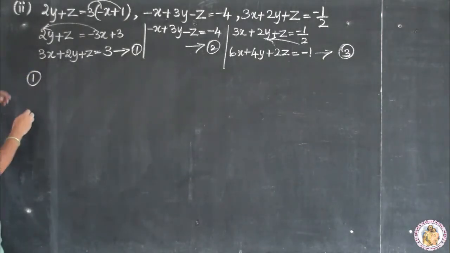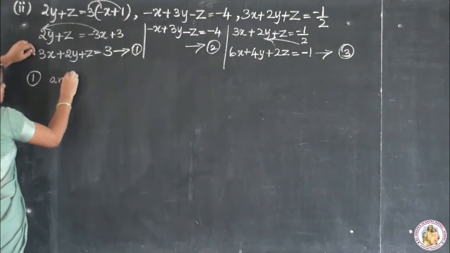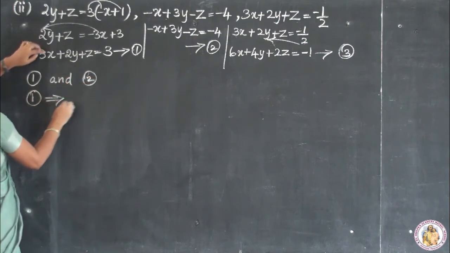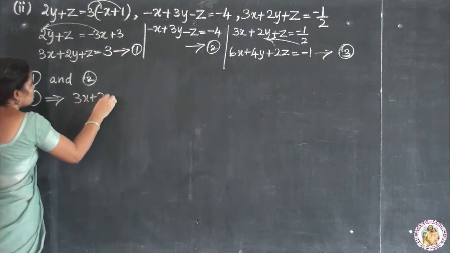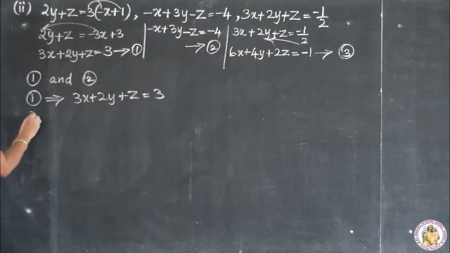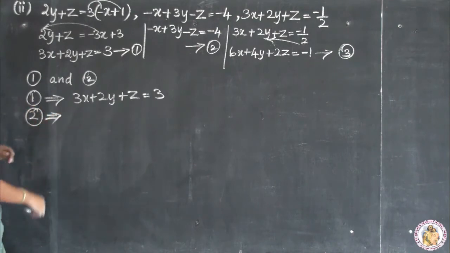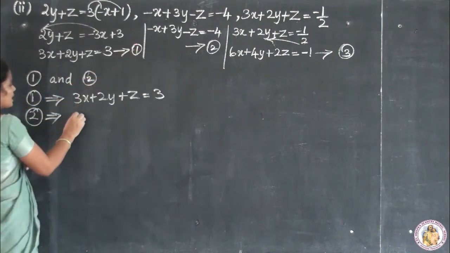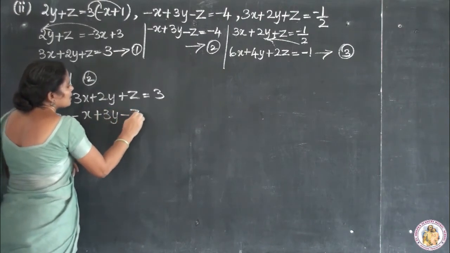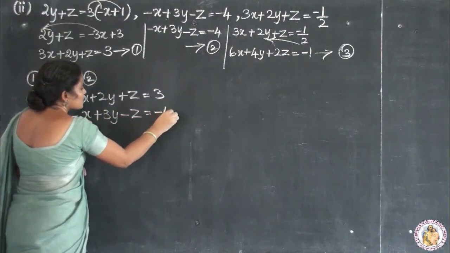First, taking the first and the second equation. First equation is 3x plus 2y plus z is equal to 3. And second equation, minus x plus 3y minus z is equal to minus 4.